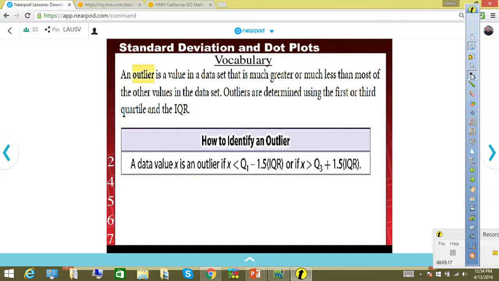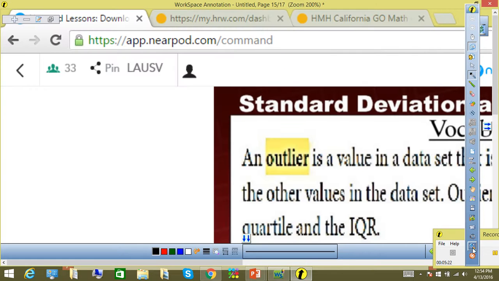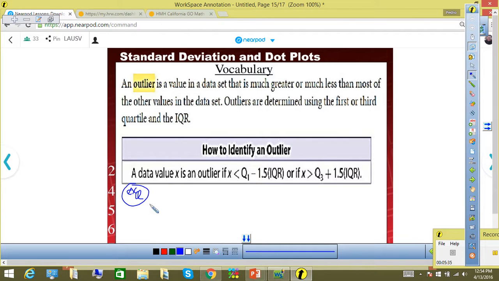Now, I'm not going to show you right now how to compute or identify the outlier, but I am going to show you really quick what an outlier is just by looking at data. So watch. Let's say, example Q. Let's say I wrote down the scores that this class got on the last take-home party that we had for Easter break, yes, spring break.